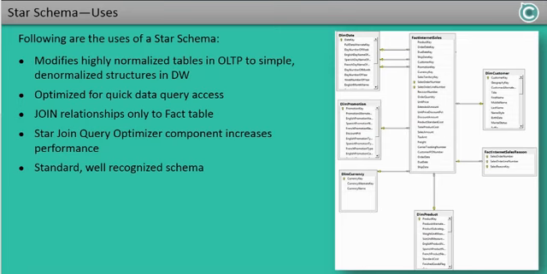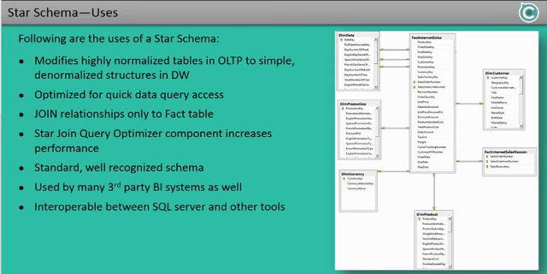Almost all BI systems understand and use this schema and can be used to interoperate between different tools, including SQL Server and other third-party ones. Star schema is interoperable between SQL Server and other tools. Many different vendors and their tools and decision support systems work with star schemas seamlessly.